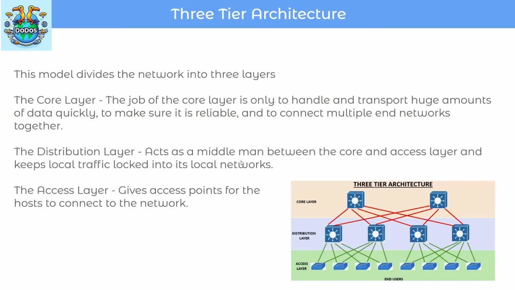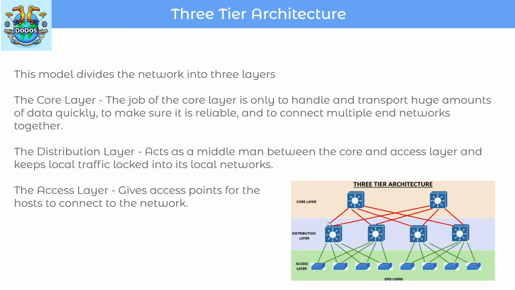So the three-tier model divides the network into three layers. The core layer's job is to handle and transport huge amounts of data quickly and reliably, and it allows you to connect multiple networks together. So its one job is just to transfer huge amounts of data.